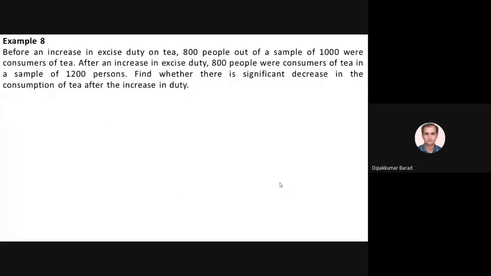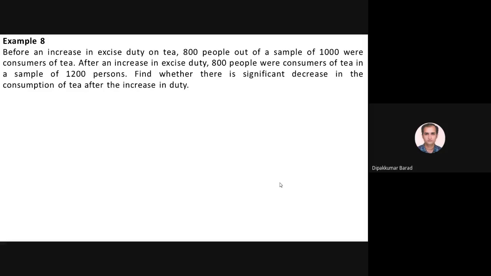Before an increase in excise duty on tea, 800 people out of a sample of 1000 were consumers of tea. After the increase in excise duty, 800 people were consumers of tea in a sample of 1200.